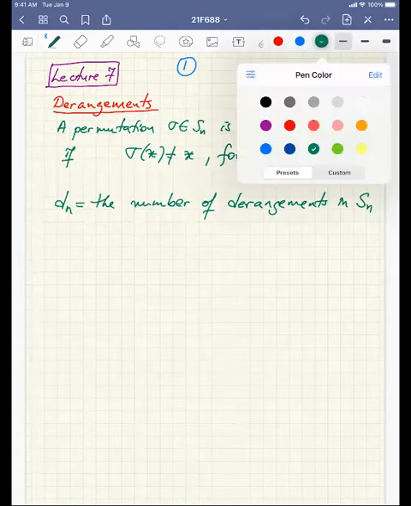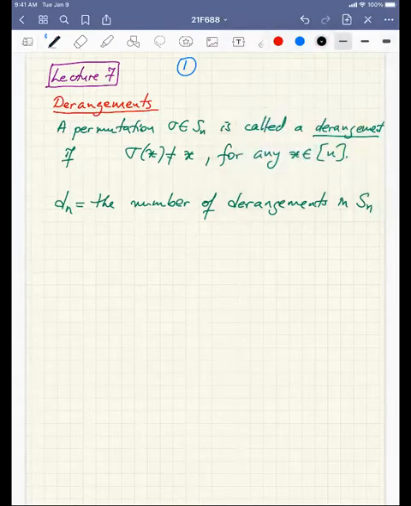So before we get to work on a general formula and other properties of this sequence, let's do some small examples. When n equals 1, we have only one permutation, the one that maps 1 to 1. That is not a derangement, so d1 will be 0. When n equals 2, we have two permutations, the identity permutation and the transposition of 1, 2, which is a derangement, so we get d2 equals 1.